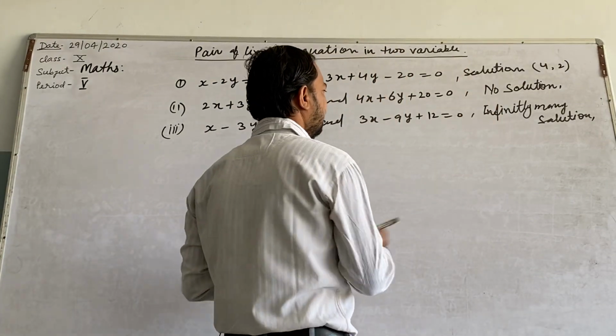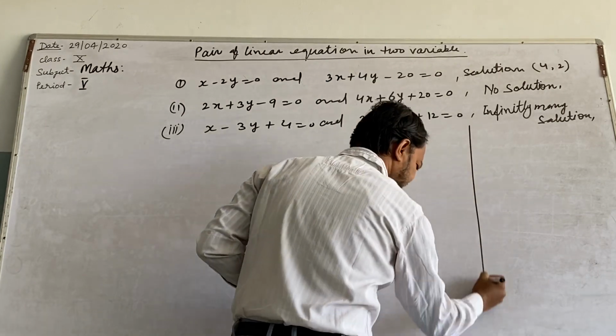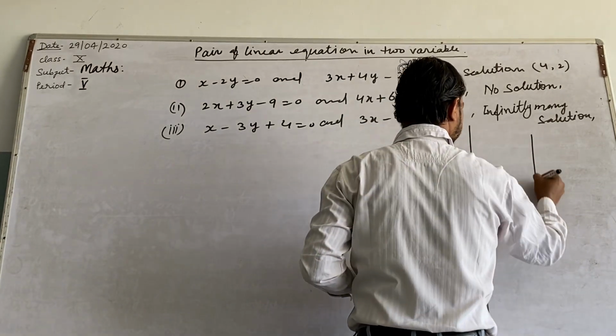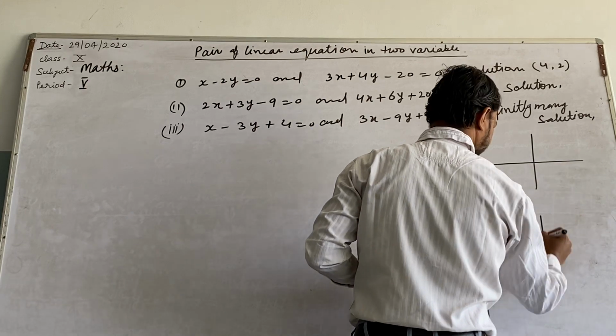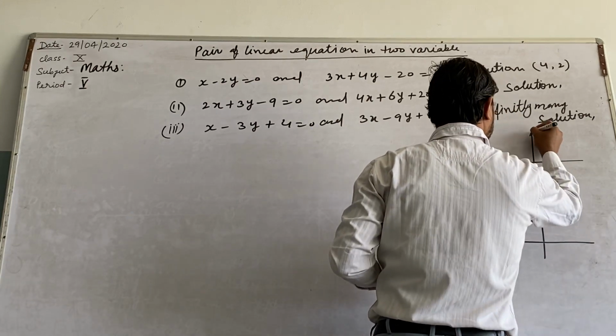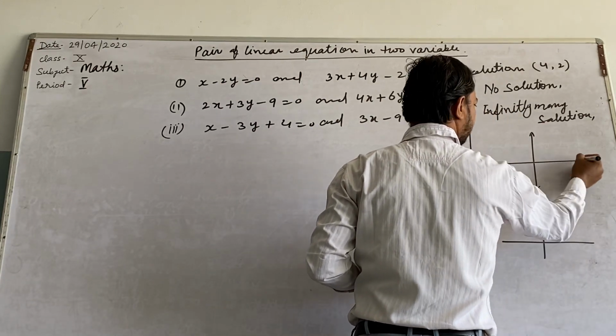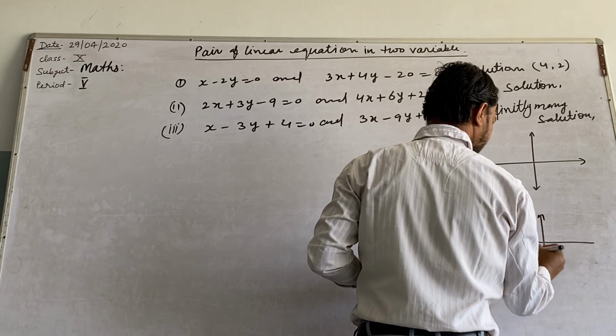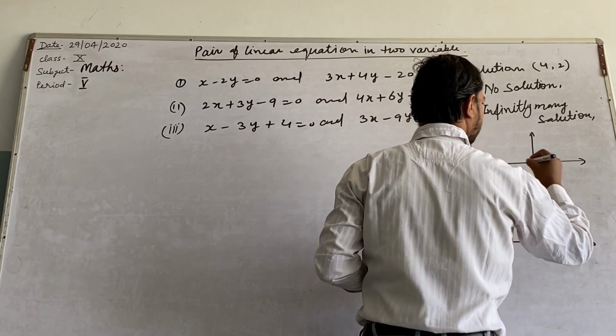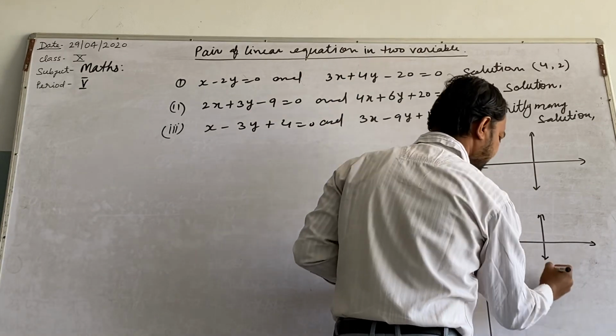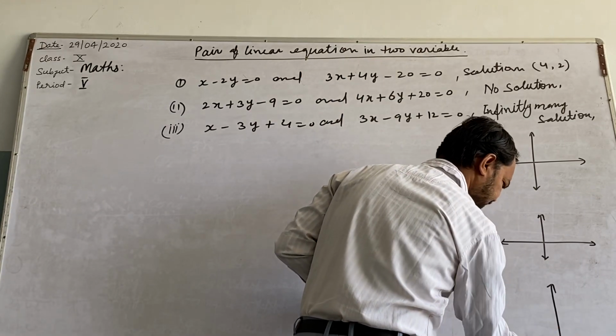As well, we will see its graphical representation with the help of the ratio of their coefficients. We will try to find out the nature of the solution and graphical representation.